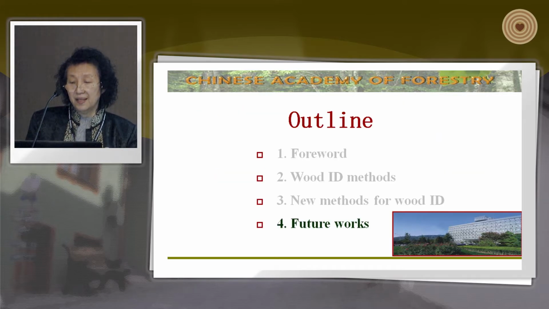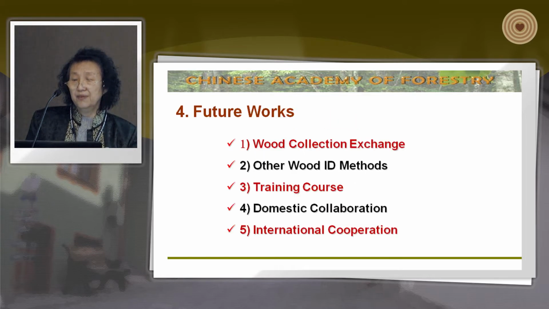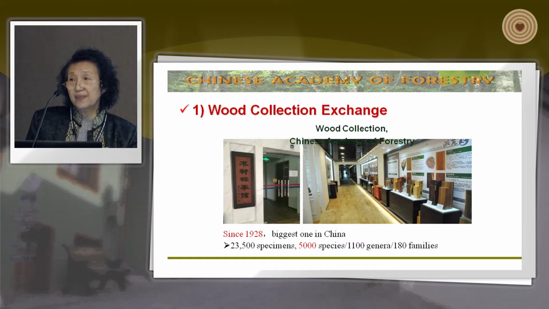The fourth part is future works. Future works have 5 points. Point 1 is wood collection exchange. This picture shows our academy wood collection.